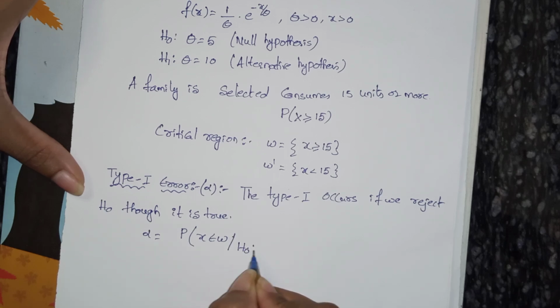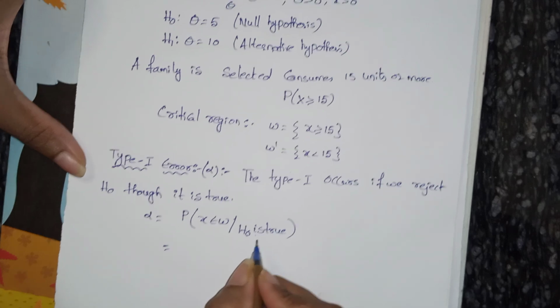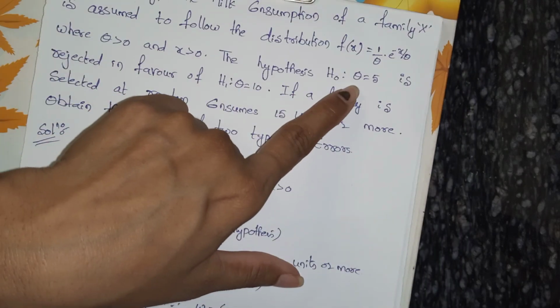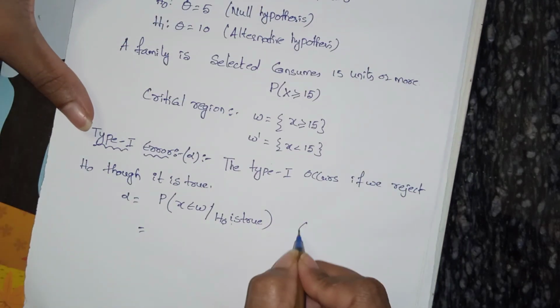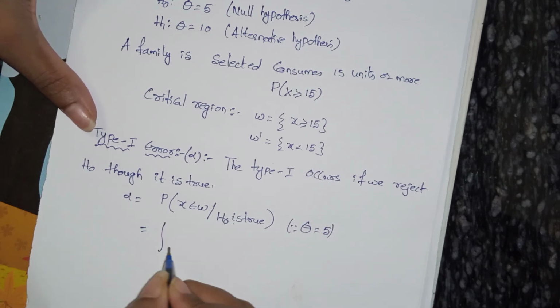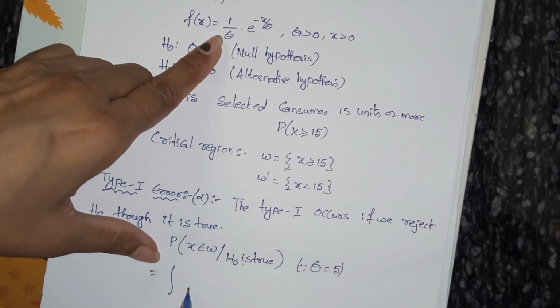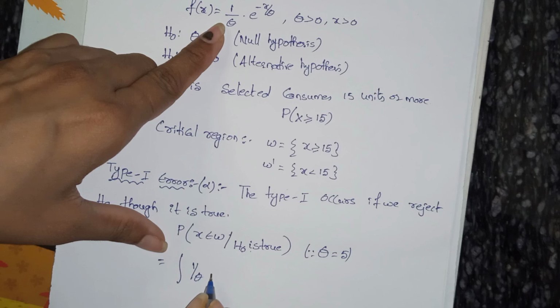Actually H naught is true, so what is the H naught value? Theta equals 5 we have to take. The function here is 1 by theta into e to the power of minus x by theta.